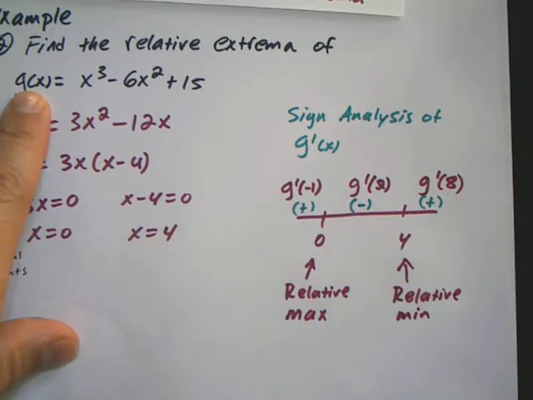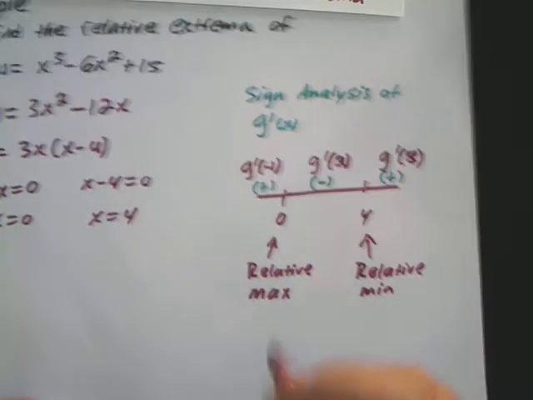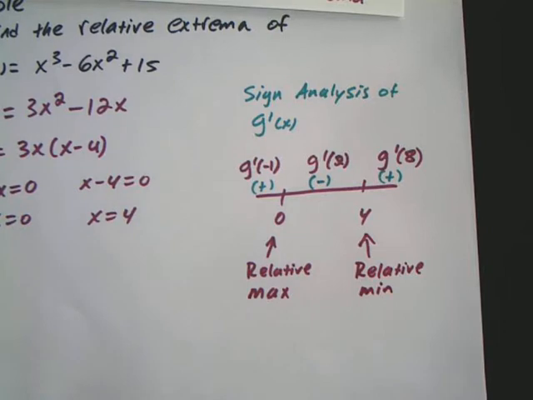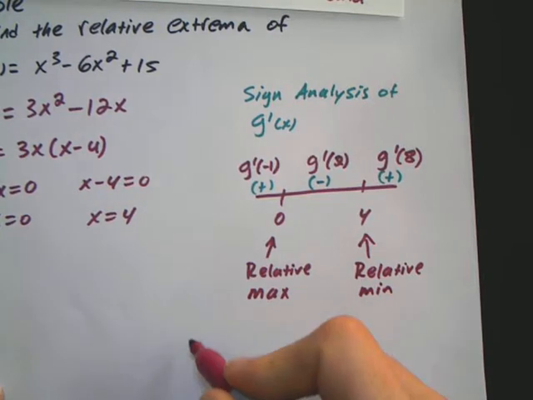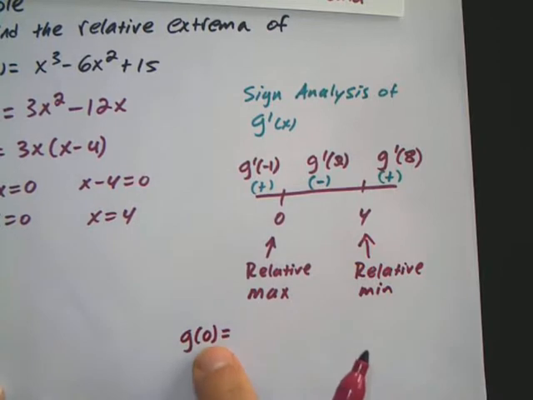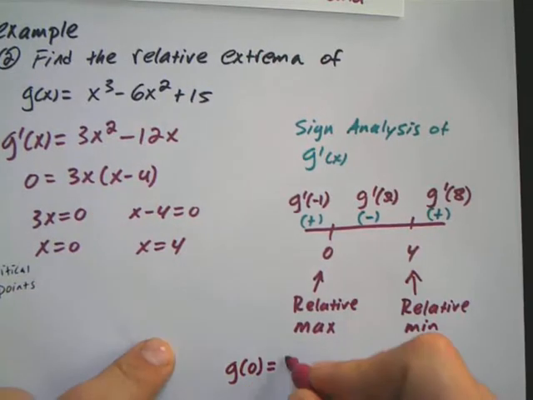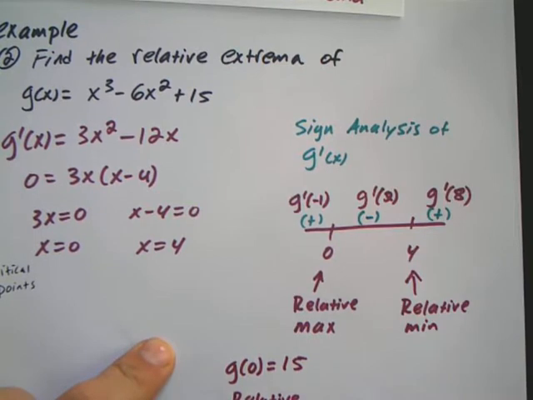So to find the actual points, you have to plug in g of 0. If I plug in 0 back into g, I get 15. So there's going to be a maximum at the ordered pair 0, 15.